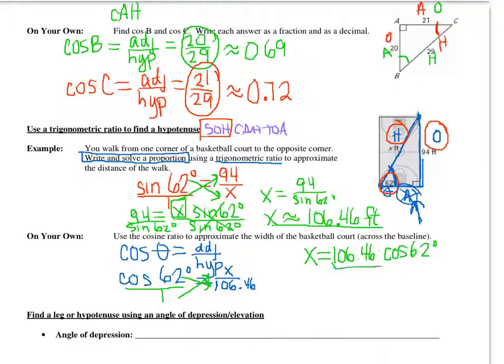Since this is all stuff that we know, you can put it right into your calculator. If you put 106 and 46 hundredths times the cosine of 62 degrees, you'll find that your answer is about, so I'm going to round it, 49.98, and that would be in feet. So there is my answer.